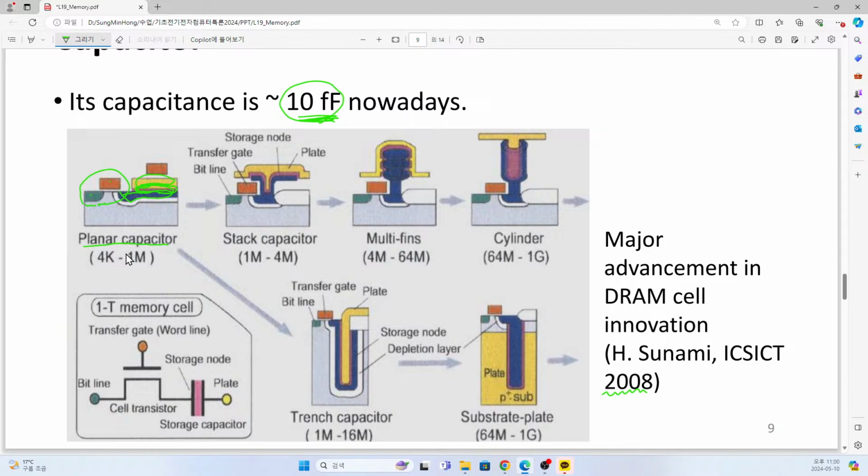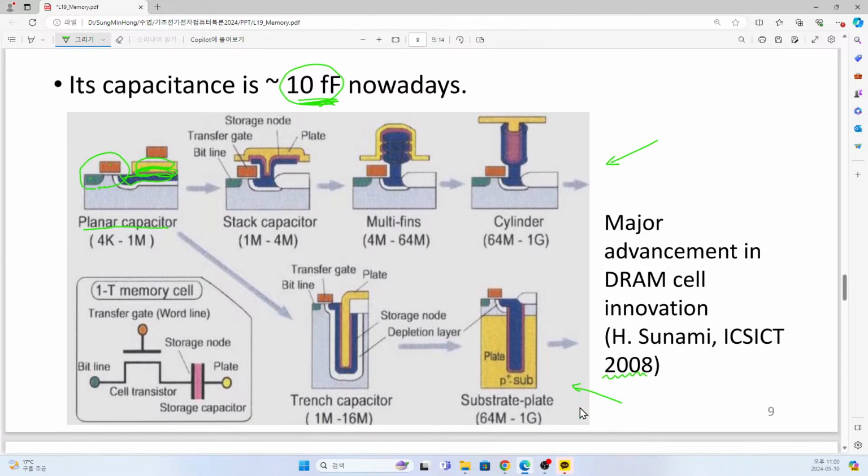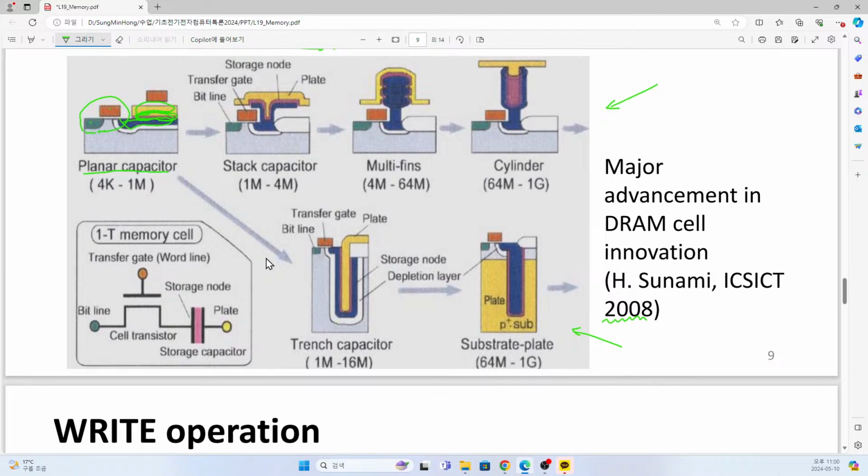So DRAM has evolved into two different types, mostly depending on the capacitor. Here, the upper side, we have the stack capacitor line, and here we have the trench capacitor line. So in this case, first of all, we make a certain trench here. After that, first we generate a certain capacitor.